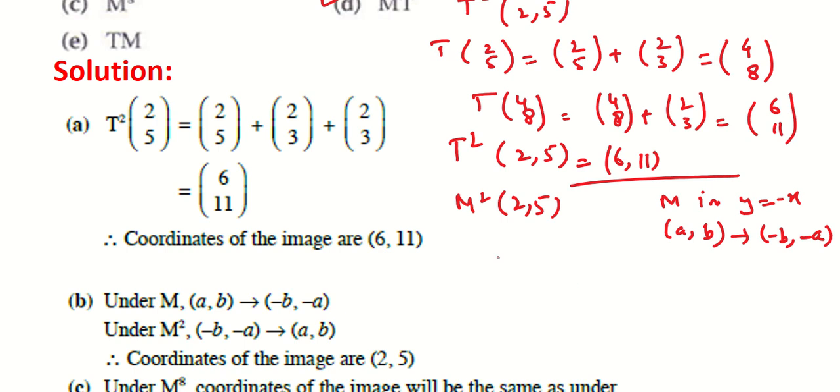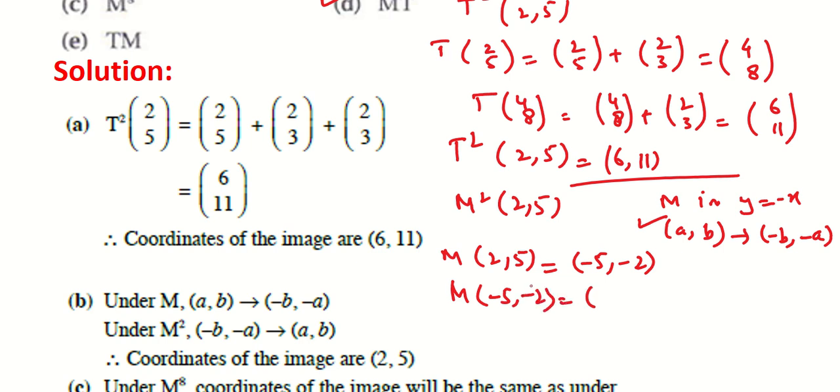First we operate M, then M. After taking M, (2, 5) changes into (-5, -2), because (a, b) becomes (-b, -a). Again we operate on the resulting value. So again we interchange and reverse the sign.